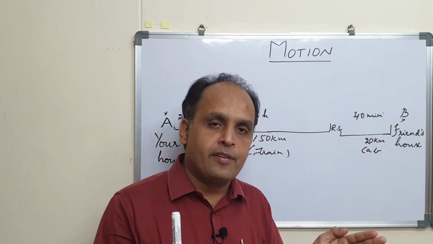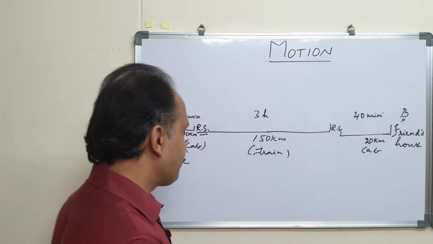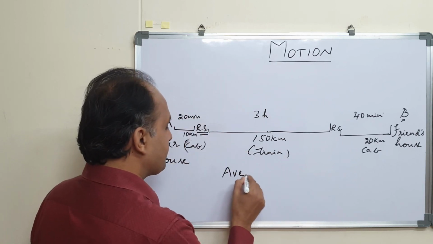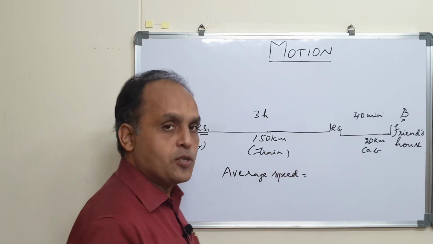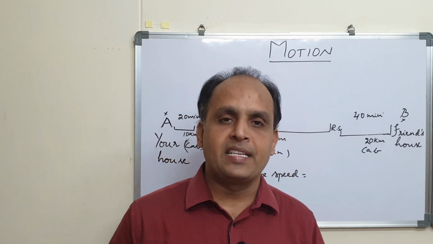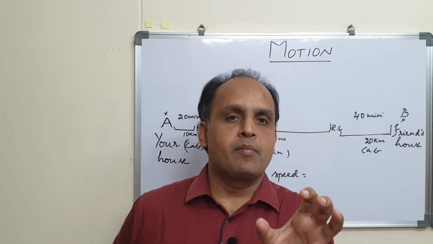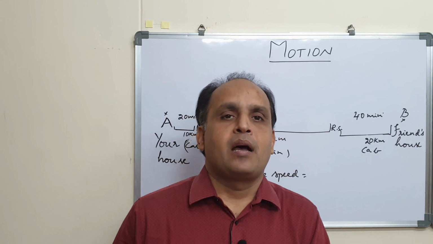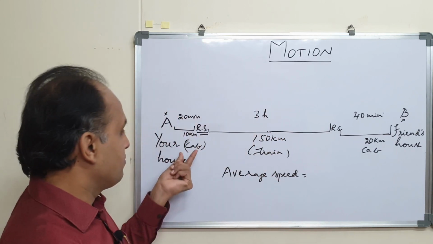That will give you the average speed. So the average speed is nothing but the total distance covered by you in some total time.